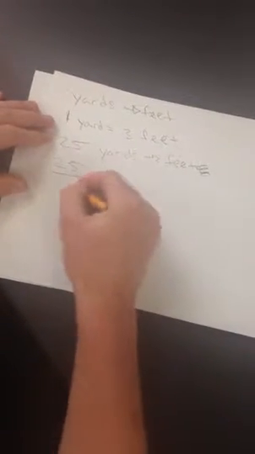So we wanted to change 25 yards to feet. Feet, not feets. So what we're going to do is put 25 yards over 1. And we're going to multiply that by 3 feet, because there are 3 feet in 1 yard. So 3 feet to 1 yard.